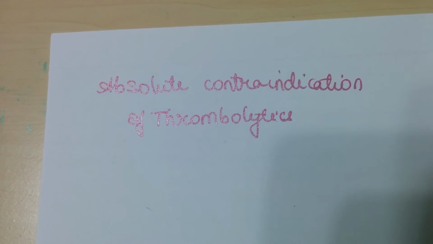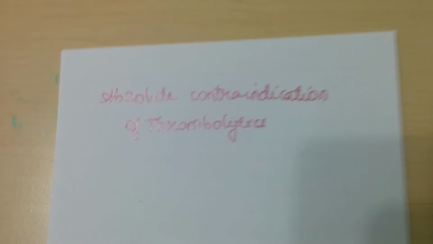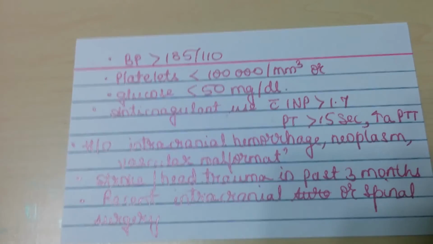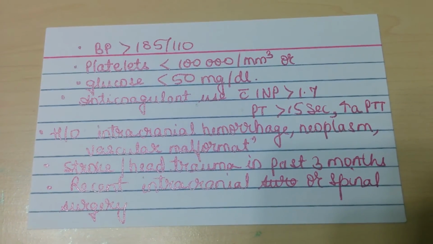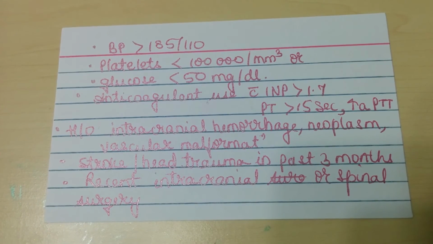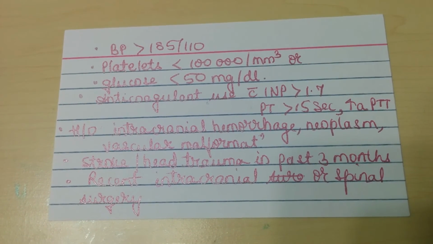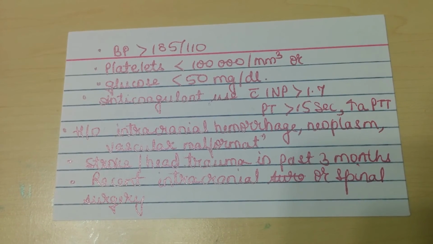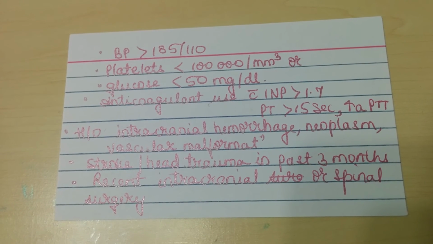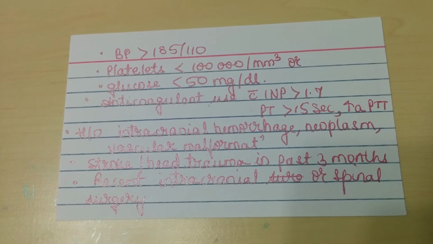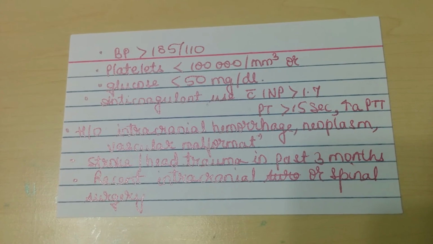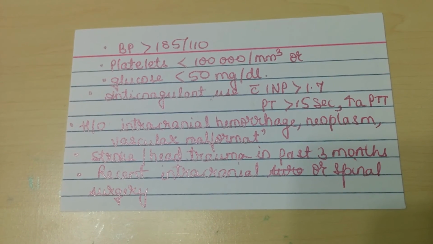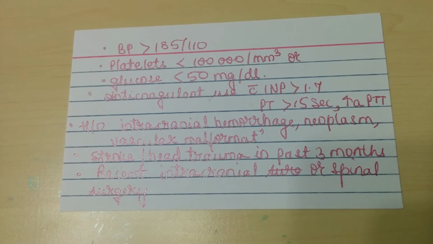What are the absolute contraindications of thrombolytics? These are blood pressure over 185 by 110, platelets less than 100,000, glucose less than 50 milligram per deciliter, anticoagulant use with INR of more than 1.7, prothrombin time more than 15 seconds, and increased APTT.